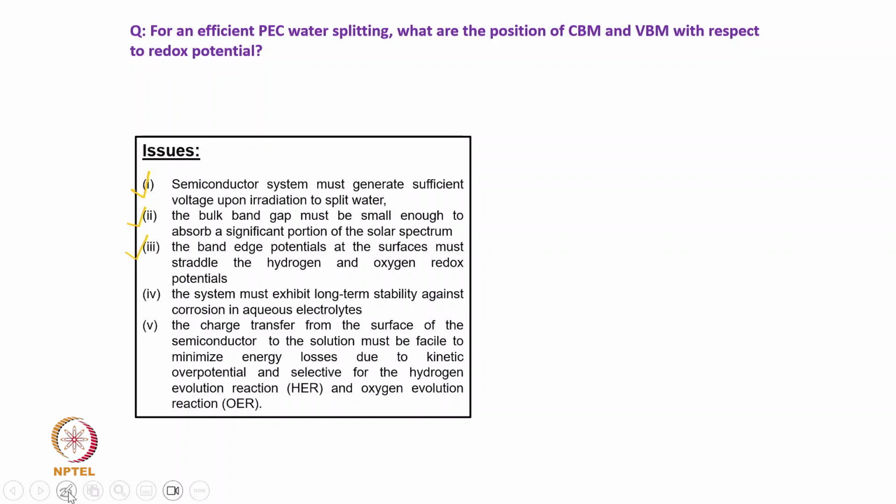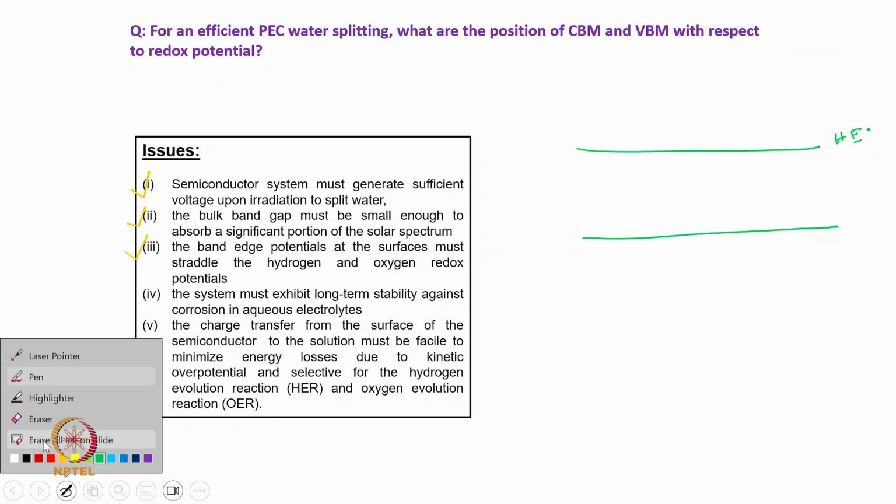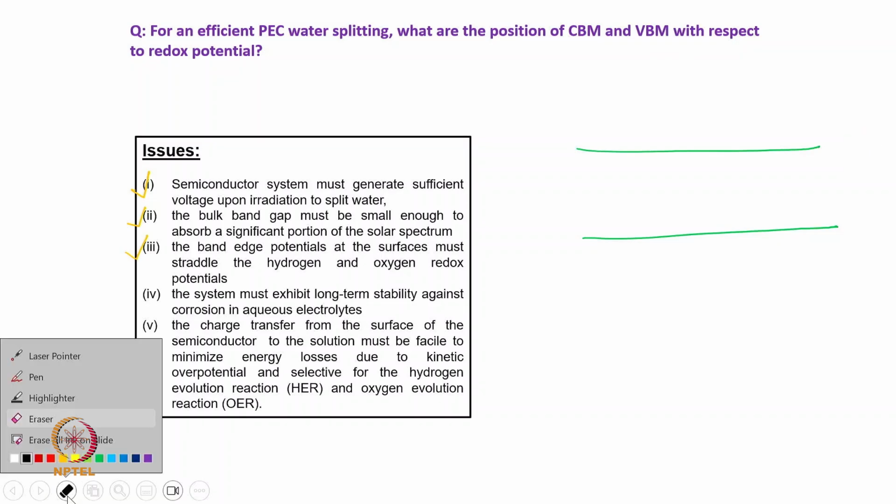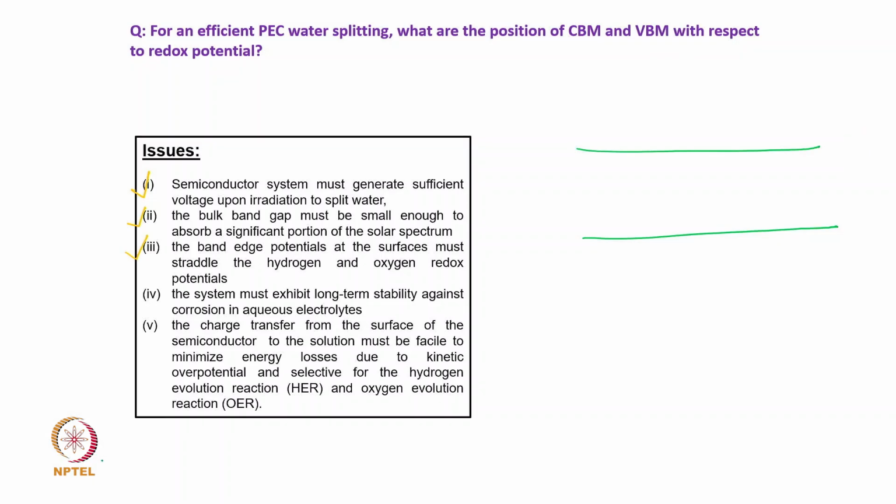It means that if we draw two lines, one for HER, or I can write it here, OER and HER, which is say 1.23 electron volt.